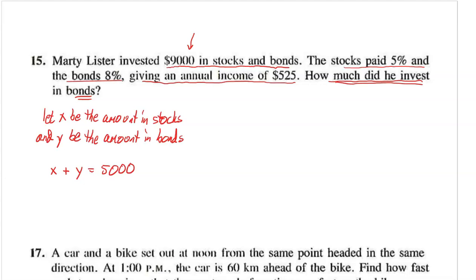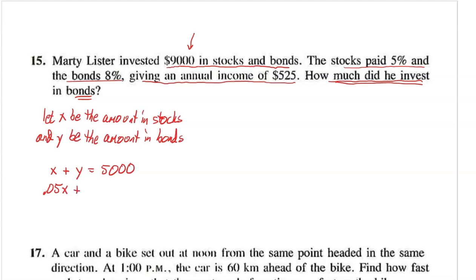Now the second sentence, the stocks pay 5% interest. Here's what that means. I can take the decimal version of 5%, which is 0.05, and multiply it by the amount of money put into stocks. And when you multiply those together, it creates something called the interest earned on the stocks.